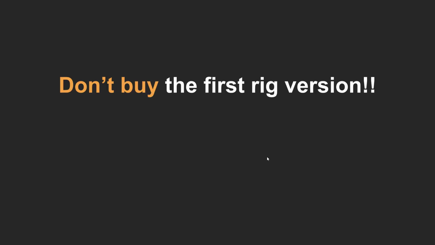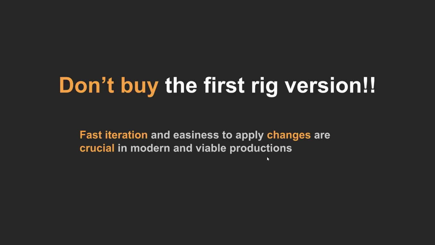So normally you're in half of the production, you've been rigging this character for several days, even weeks, and then you want a big change from your colleagues, your animation director, or the model needs to change topology or needs to change something, and it's a problem. It's a big problem.